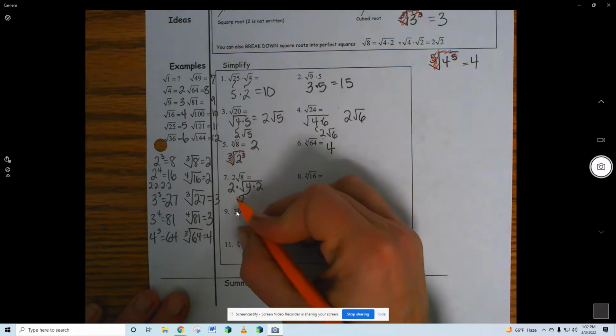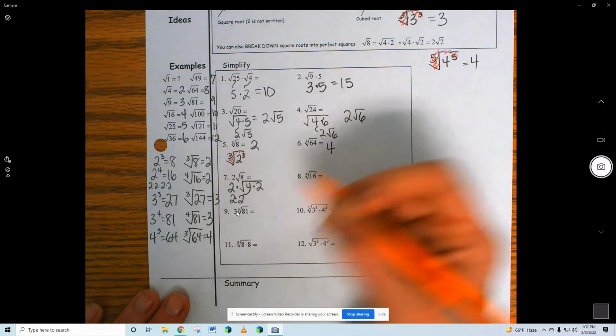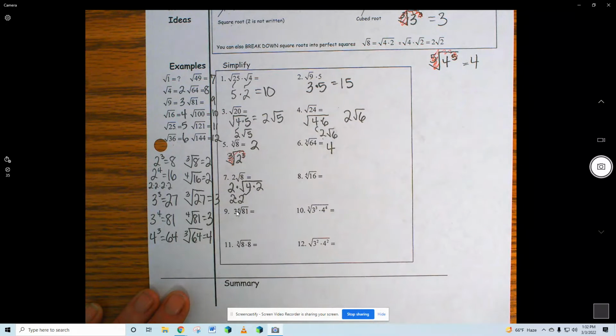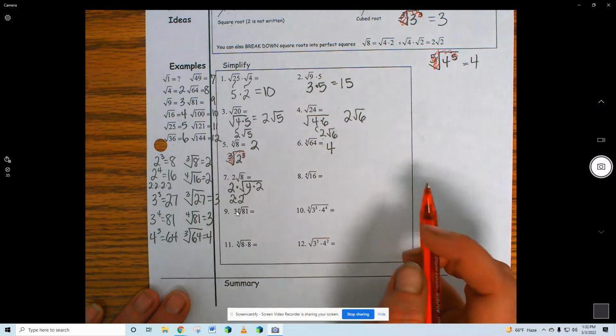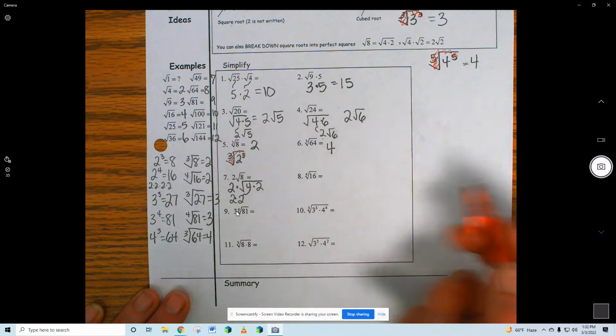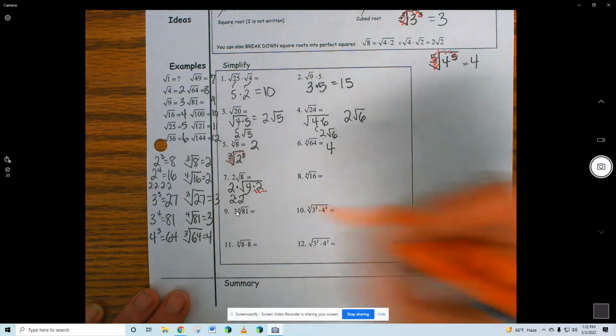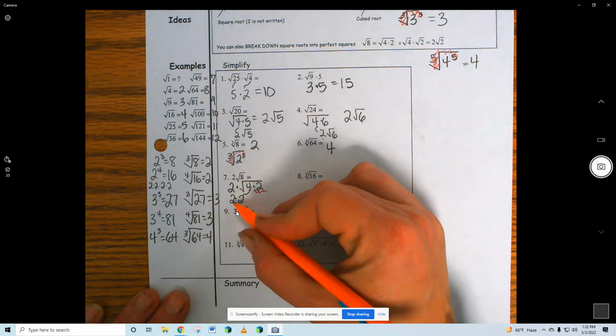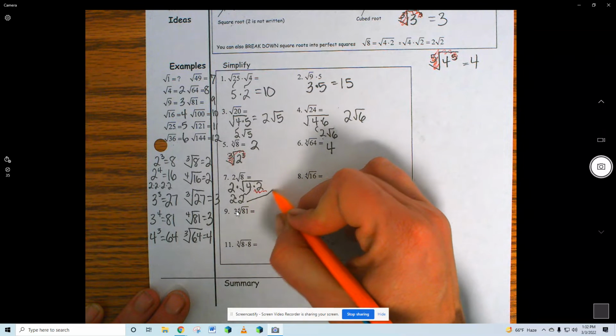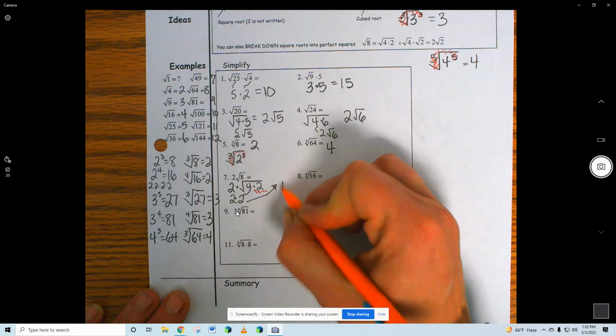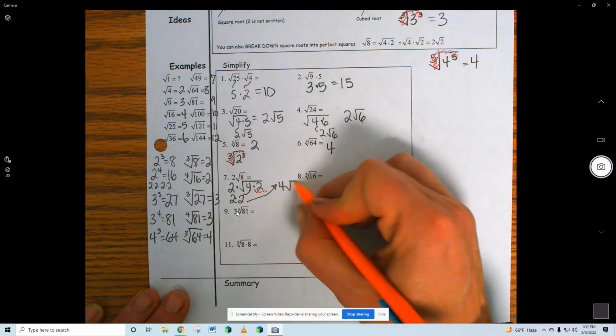This 4 becomes a 2. There's a 2 here. What's still underneath? This 2 is still underneath. So 2 times 2, let's go over here. 2 times 2 is 4, and I still had that rad 2 underneath.